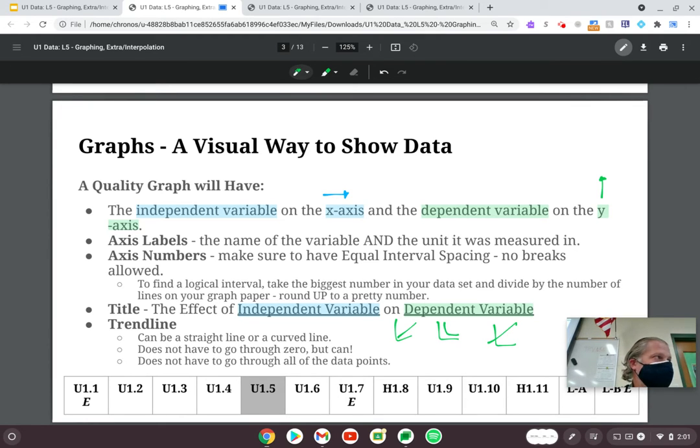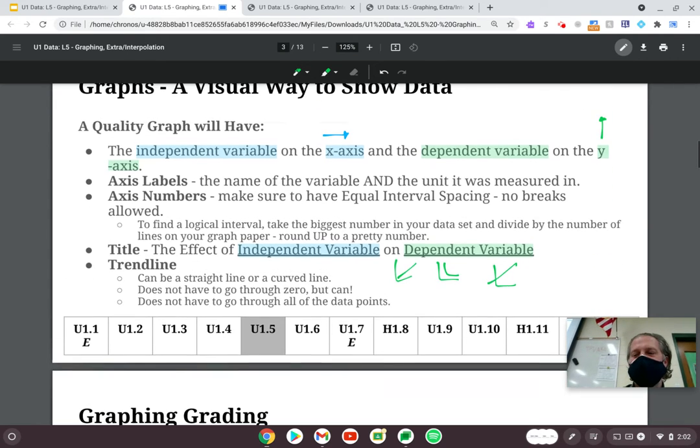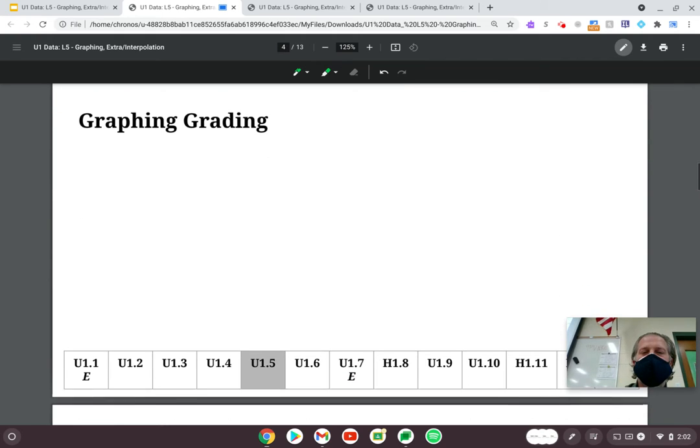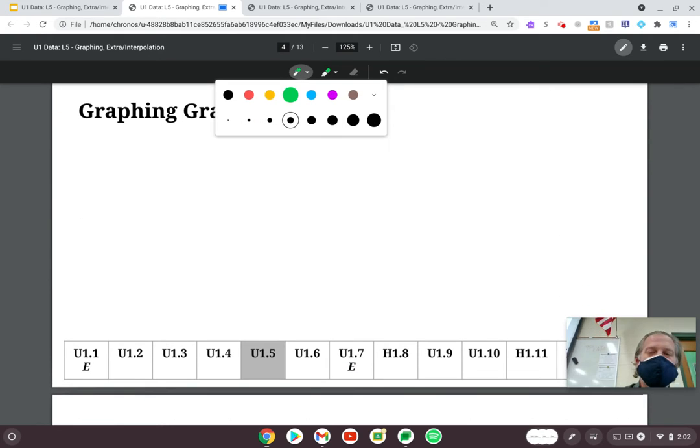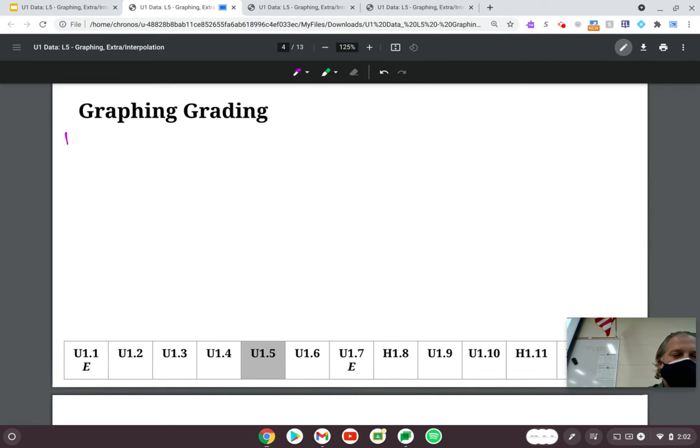Here we go. The next slide is about me telling you how I'm going to be grading graphs that you create in this class. Graphs are worth big points. So for every graph, for 1 point, you will have a title.